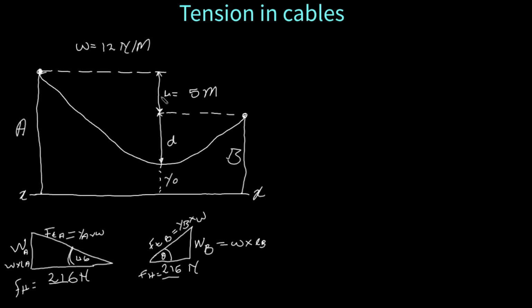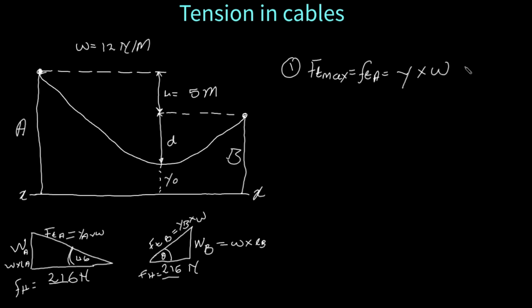And also the maximum tension, which is the first question that they asked, is going to occur on the side which has the highest support. This will be question number 1: FT max is equal to FT A, because we know it is controlled by the Y value. It is given by Y times W, the small letter w.